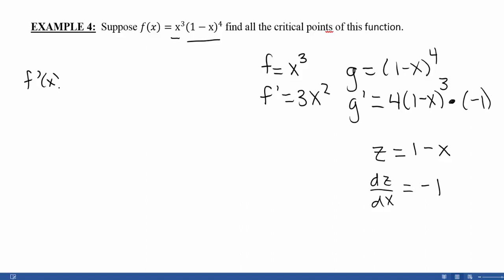So we're going to get f prime times g, so 3x squared times 1 minus x to the fourth, plus f times g prime. So x cubed times 4 times 1 minus x cubed times negative 1.